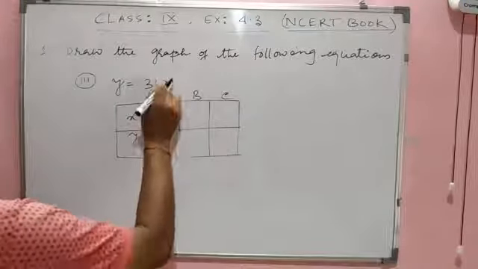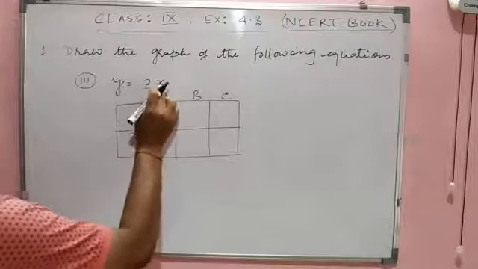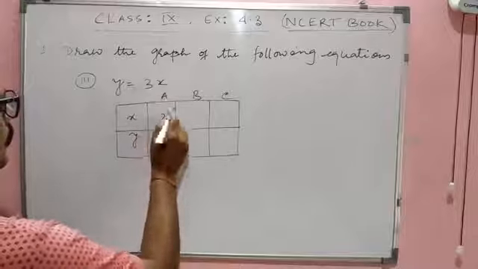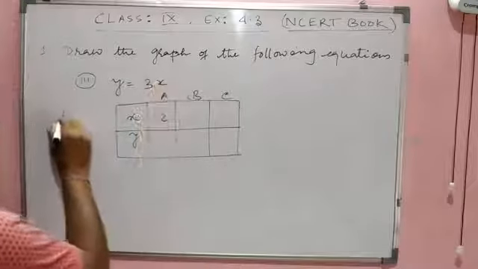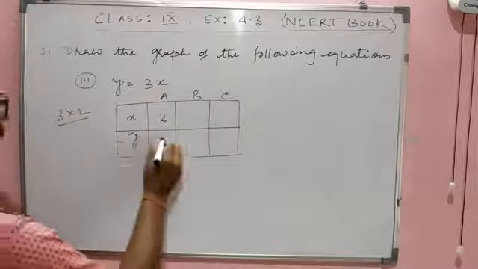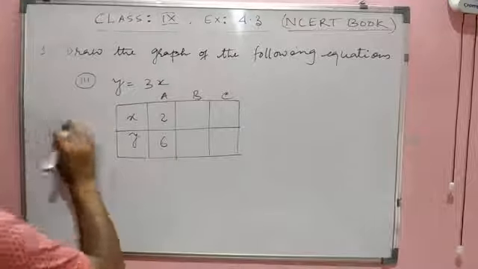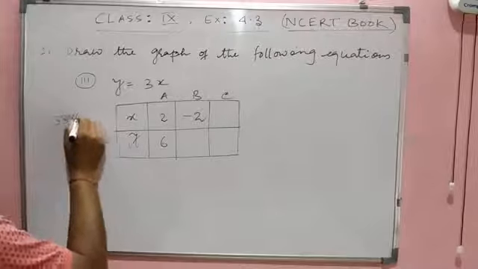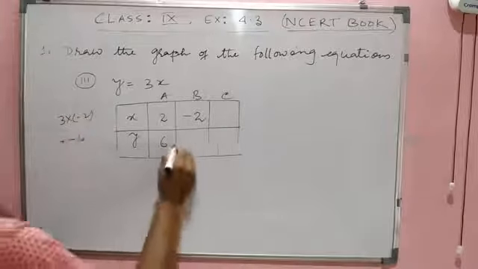y equals 3x. If we put the value of x, then we get the value of y. Suppose the value of x is 2. So 3 into 2 means it will be 6. Suppose the value of x is minus 2. So it will be 3 into minus 2, definitely minus 6.